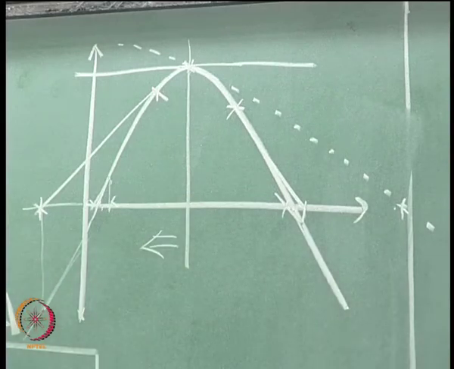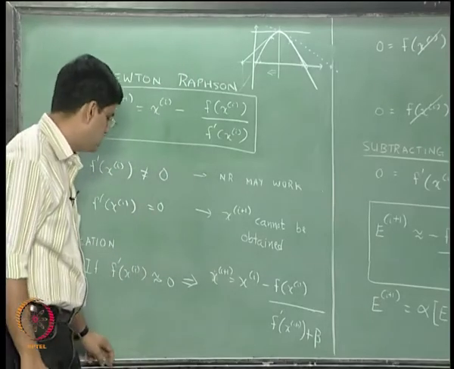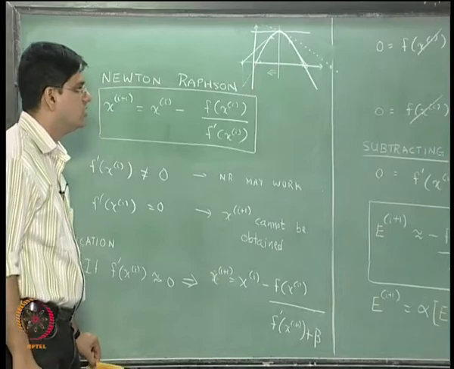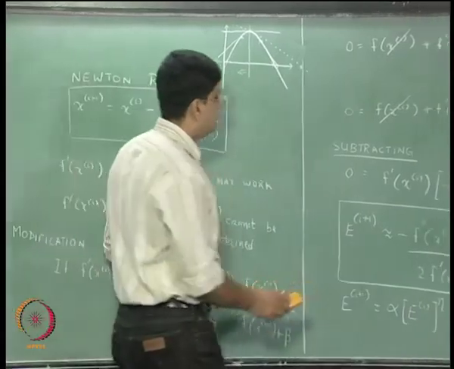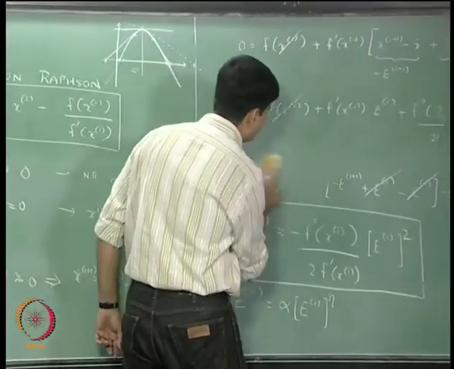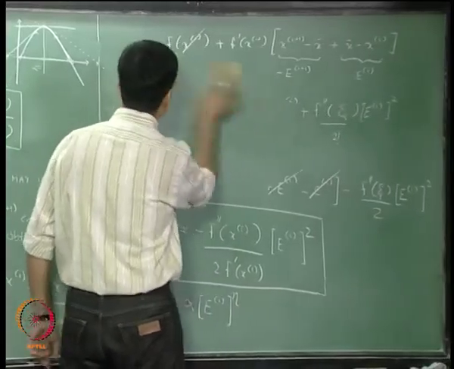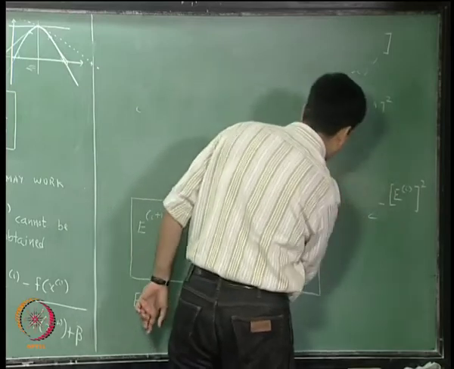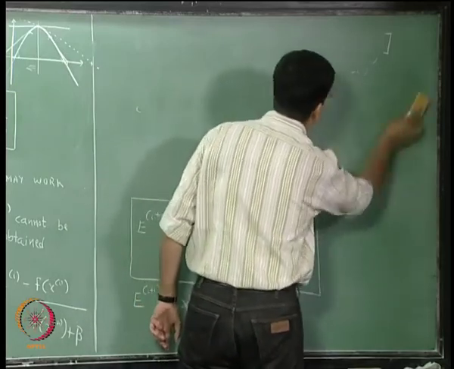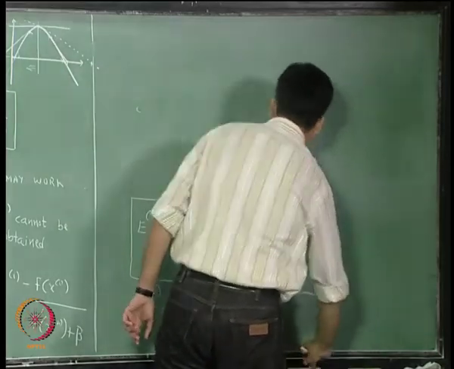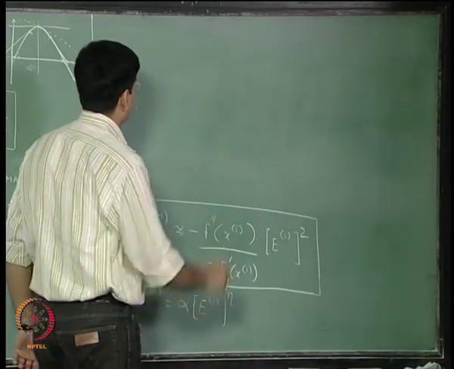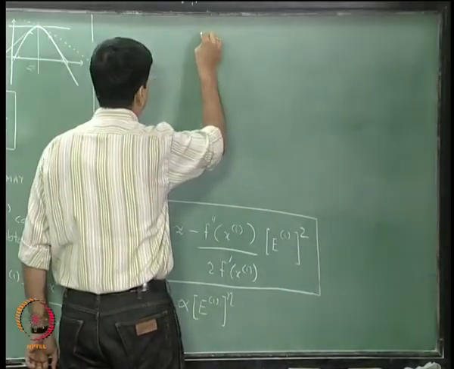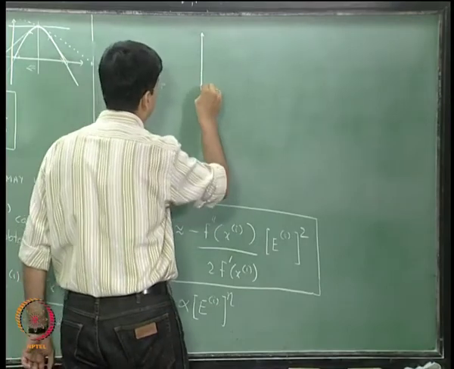One problem, as we had said, in Newton-Raphson's method is when f dash of x is going to be equal to 0. There is another problem when we look at the Newton-Raphson's method, and that problem can be stated perhaps as follows.